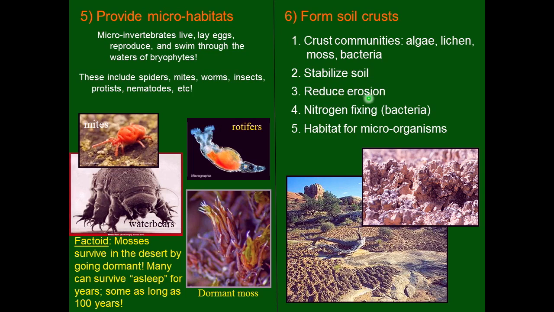That reduces erosion, and that also allows nitrogen-fixing bacteria to have a home. So they can now start producing nitrogen compounds that are used by other organisms, changing a desert landscape to more of a productive landscape. And then they also provide habitat for microorganisms, as we mentioned before.